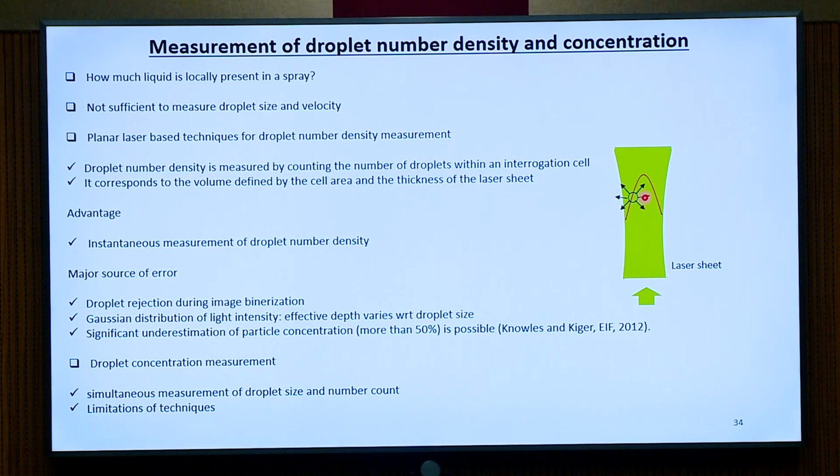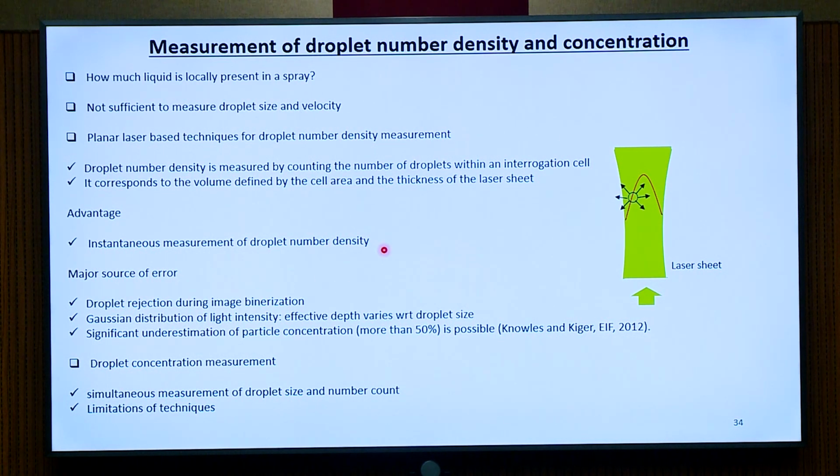In the image processing, the first step is to binarize the image, so you have to put an intensity threshold. By that process you would always reject these small particles just because they are near the edge, while a large particle, wherever it is, will be imaged. So the effective depth is proportional to the size of a particle, and that can lead to a major source of error.